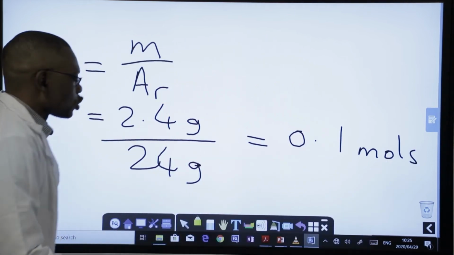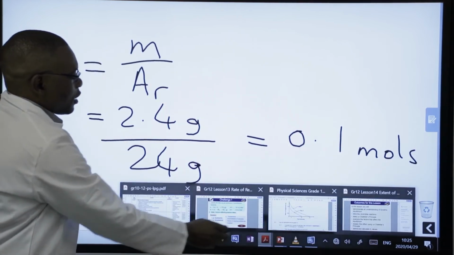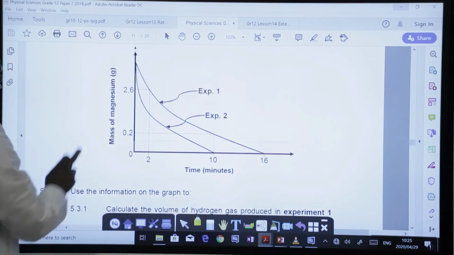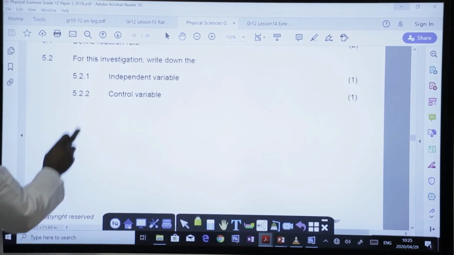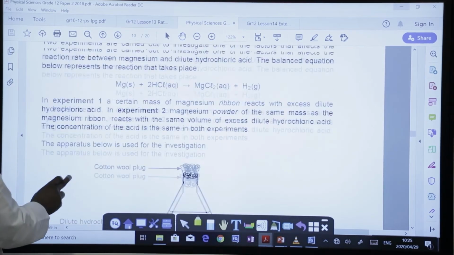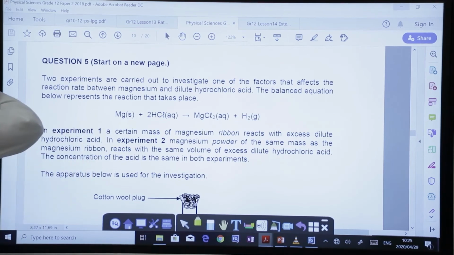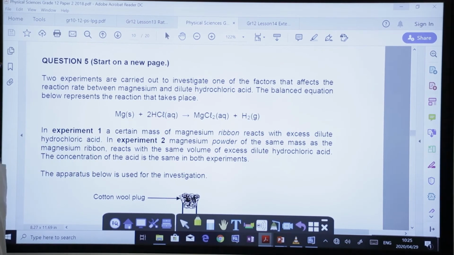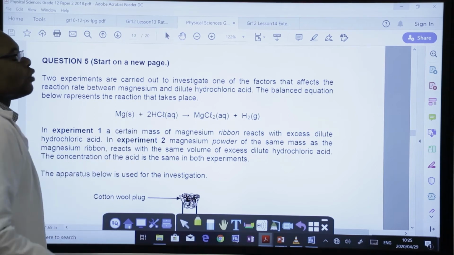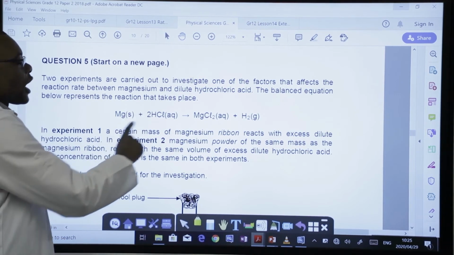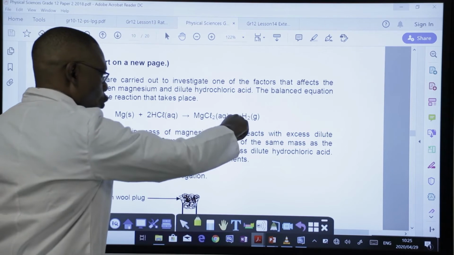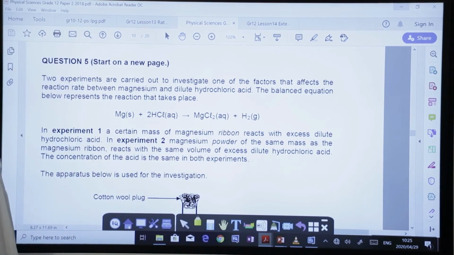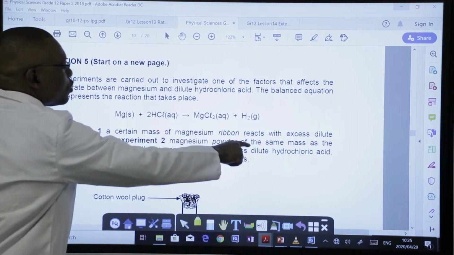Now if you look back at the equation here, you can see that 1 mole of magnesium reacts with 2 moles of hydrochloric acid to give us 1 mole of hydrogen gas. So the mole ratio is 1:1.